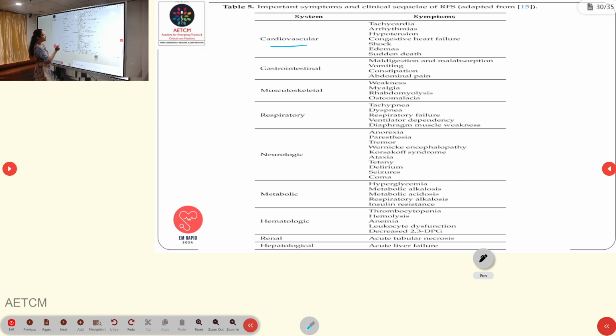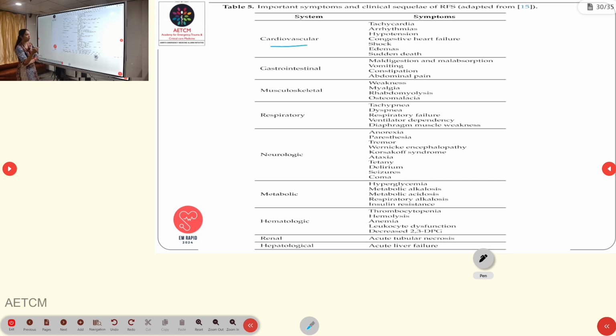Then respiratory muscle weakness, especially because of hypokalemia and hypomagnesemia, the patient can have respiratory insufficiency, respiratory failure and ventilator dependency. Then neurological complaints like anorexia, paresthesia, tremor, Wernicke's encephalopathy, then ataxia, tetany, delirium, seizures and coma.